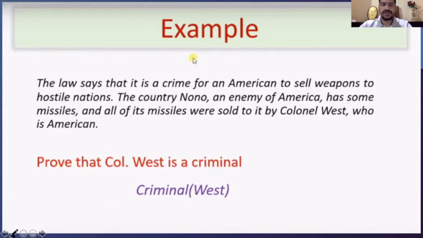Now whatever facts we have, we have to convert into first order logic. So we have converted these facts into first order logic. This is written in first order logic, which is predicate logic.